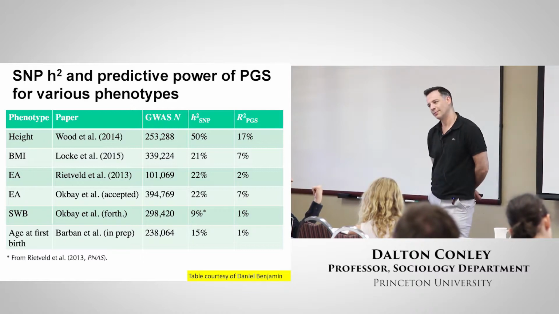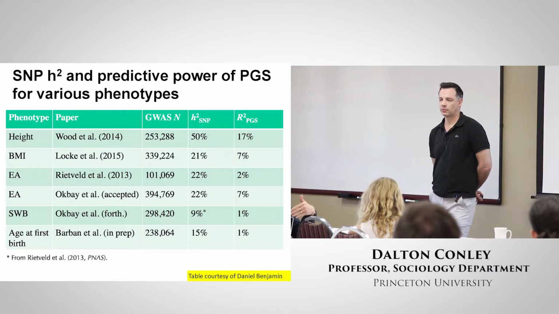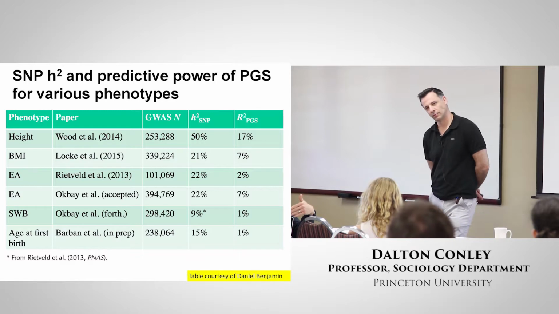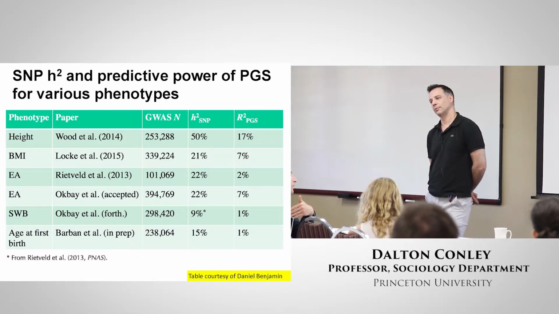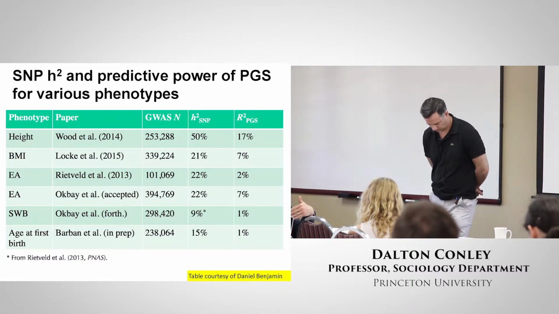And I don't know this UK Biobank paper that Dalton mentioned, but the UK Biobank has a lot of health measures, so it wouldn't surprise me if they have an awful lot of those kind of medical phenotypes with very high heritability. In general, the behavioral phenotypes, the twin estimates are almost all lower than 50%.